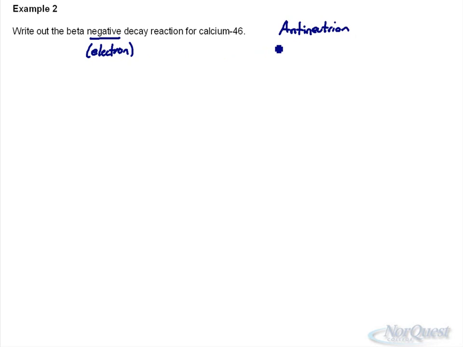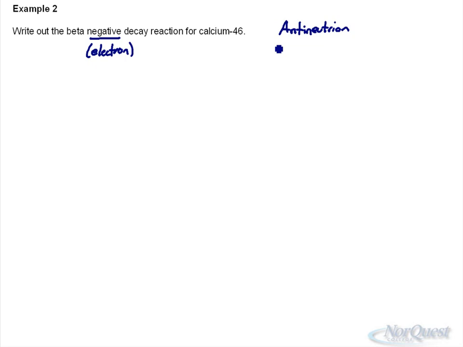So when I write this, I have to deal with conservation of energy and conservation of momentum, and that neutrino is there to balance that equation. I'm not allowed to break the law. Even though the mass of a neutrino is insignificant, there is a tiny little bit of mass, which if it's moving very fast, has a significant amount of momentum.